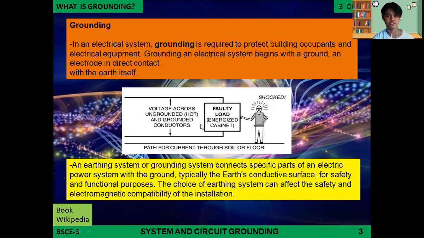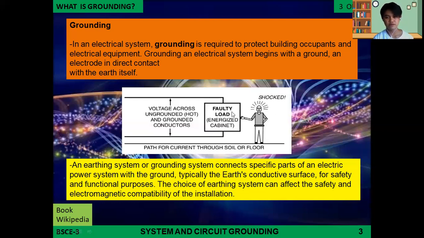Nasa building natin, syempre meron tayong mga appliances, marami, mga refrigerators, televisions. Para maiwasan natin yung mga ground or short circuits, kailangan natin maglagay ng grounding conductors. Itong grounding conductors, function niya, nag-neutralize siya ng mga short circuits para hindi tayo makuryente pag tayo ay humawak sa ating mga appliances, katulad nito ng energized cabinet.